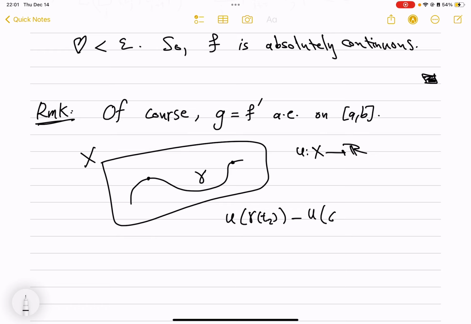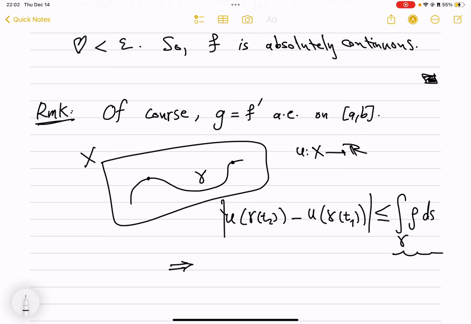So the u values at different points of this gamma curve, you will want that to be less than or equal to the integral of a non-negative Borel function along this curve. So we see here that you won't have equality but an inequality, but based on the same proof above, this would follow.